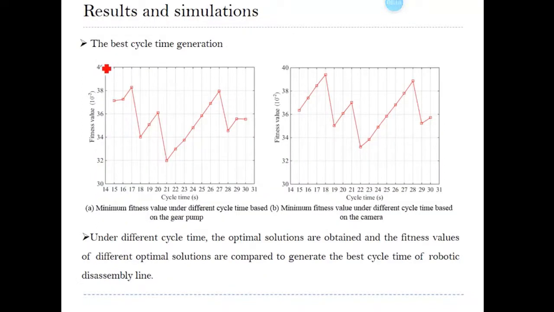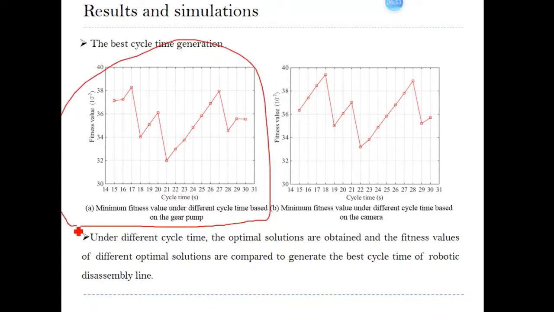First, we used IDBA to find the best cycle time of the robotic disassembly line. On the different cycle times, the first one is for when the robotic disassembly line is used to disassemble the gear pump. We simulate and get the best cycle time on the different settings.